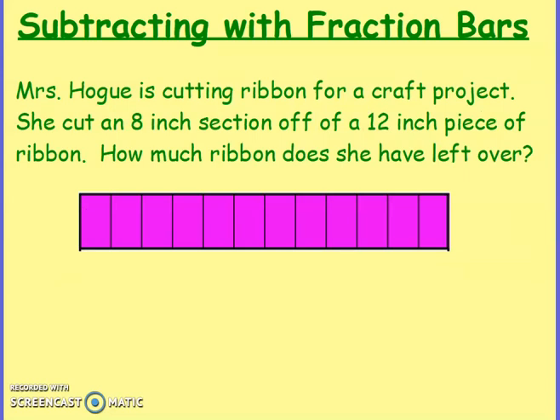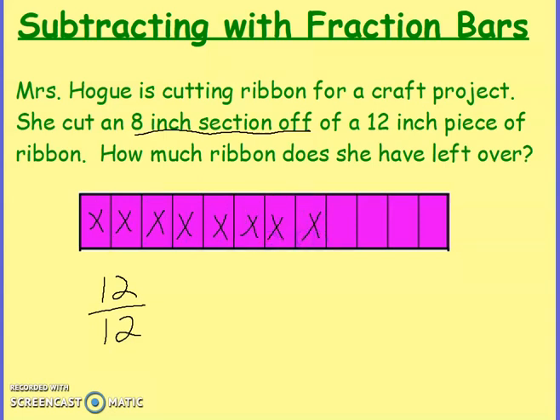Okay, so what we have here is what we're starting with, the whole thing. We're starting with all 12 inches of the 12ths. We're starting with 12 twelfths. And then she cut off an 8-inch section. So we're going to get rid of 8 of these inches. 1, 2, 3, 4, 5, 6, 7, 8.